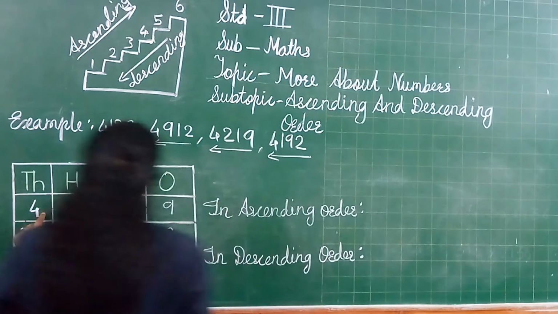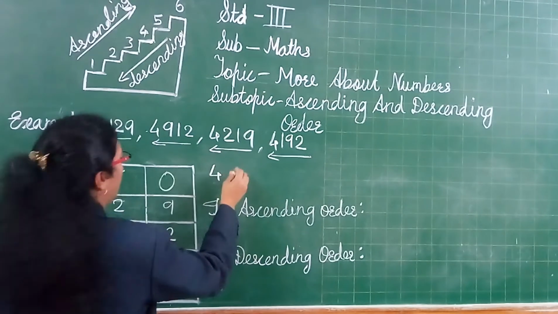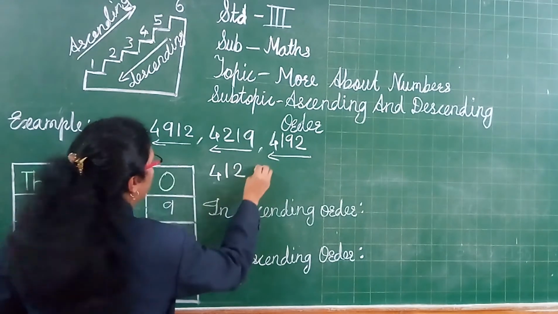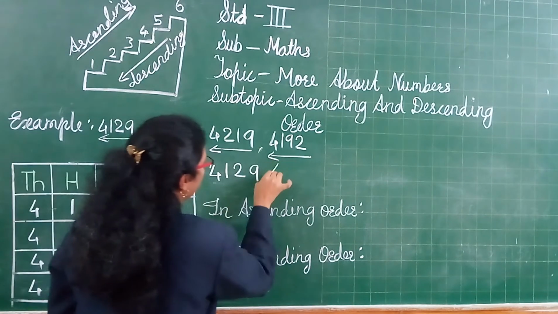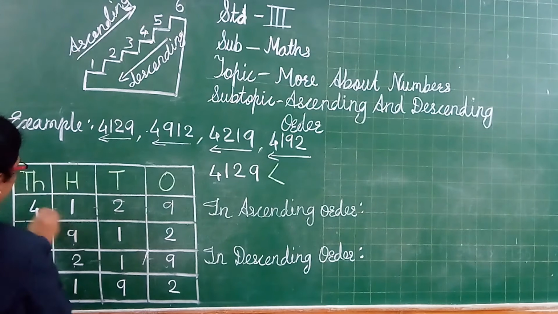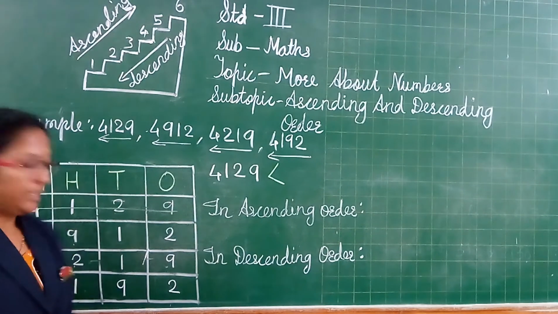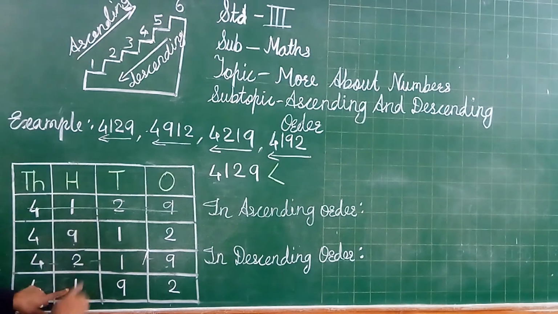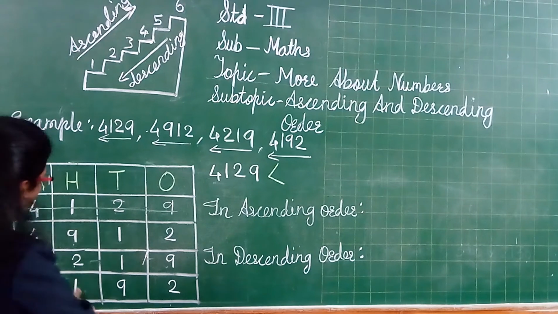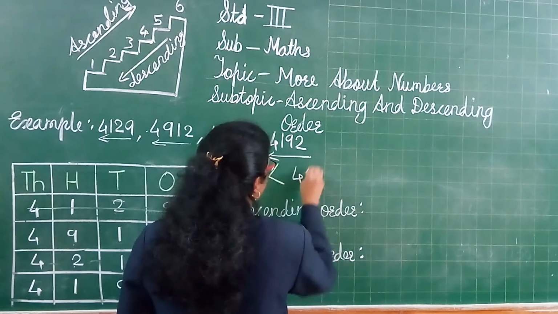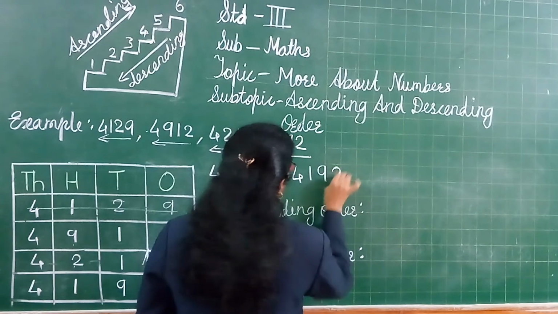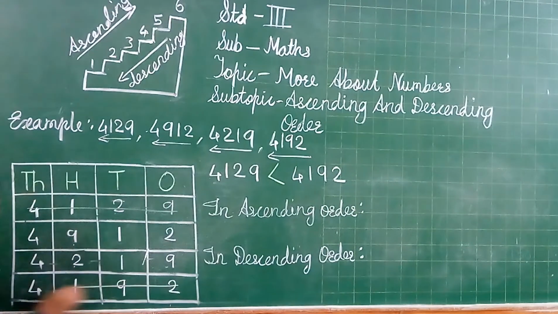So that means we write this one first. 4,129 is less than. Okay. Now this one is finished. After that, this one is smallest. 4,192. So this one also is finished.